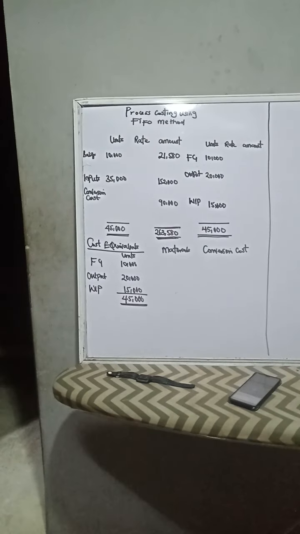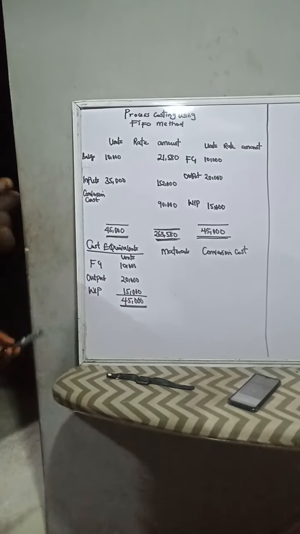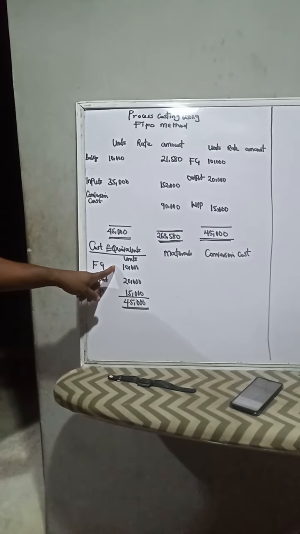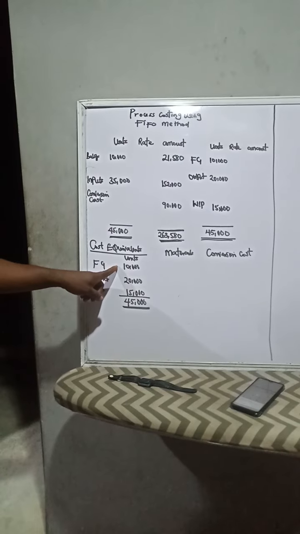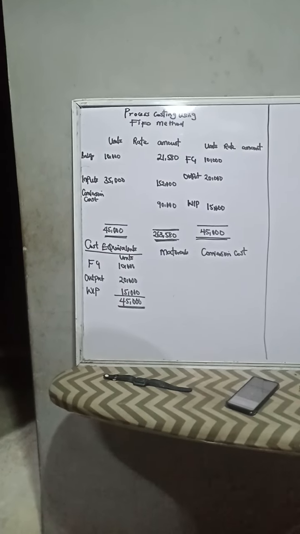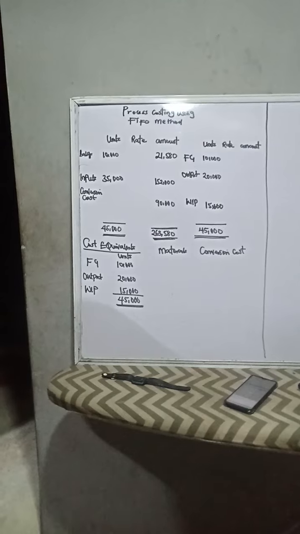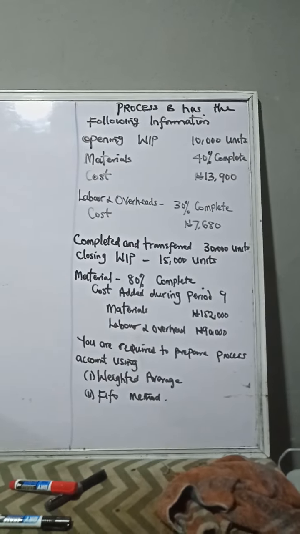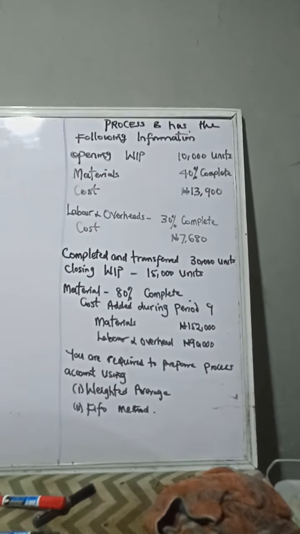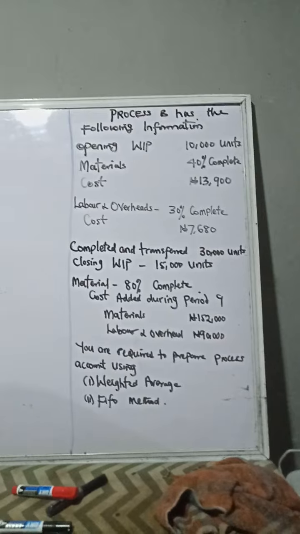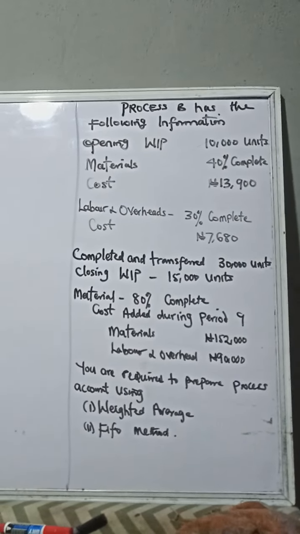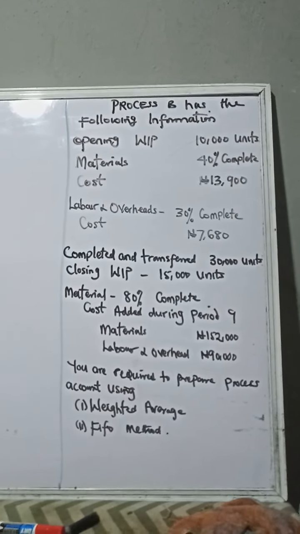Now, at this point, another change that will take place here is this. For the finished goods, you can see I have 10,000 units. So let's go back to the question. We have opening WIP of 10,000 units. Then we have material completion, which is 40%. Now, at this point, students should be very careful.